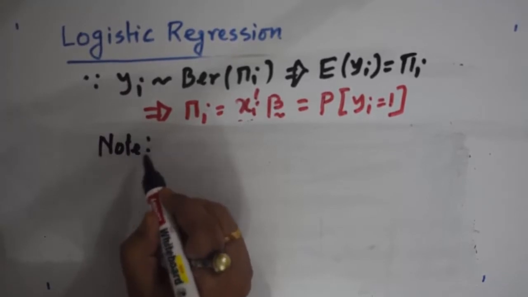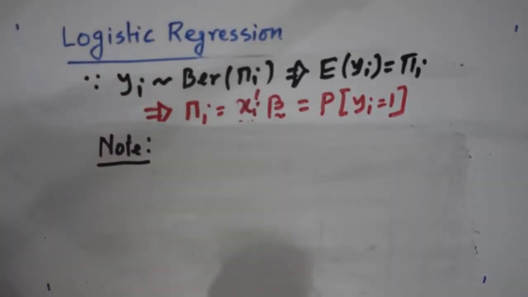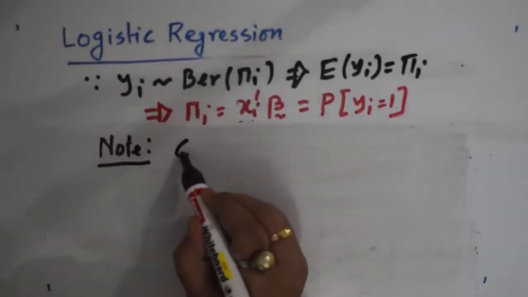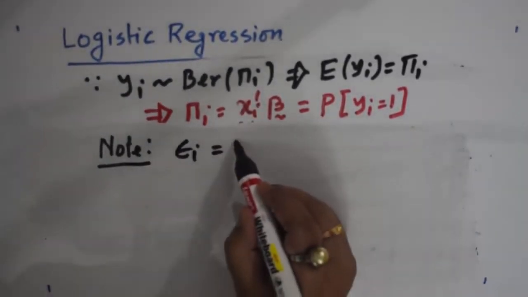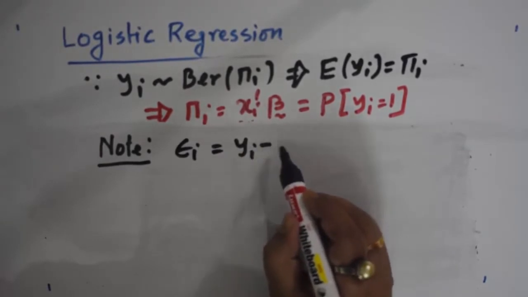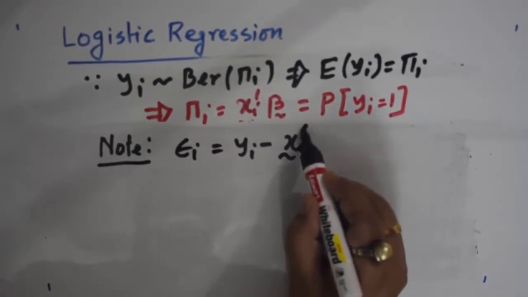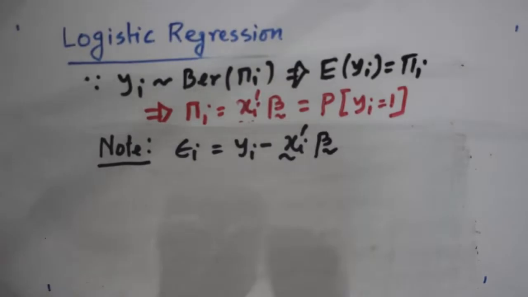Note that epsilon i equals yi minus xi curl prime beta curl.